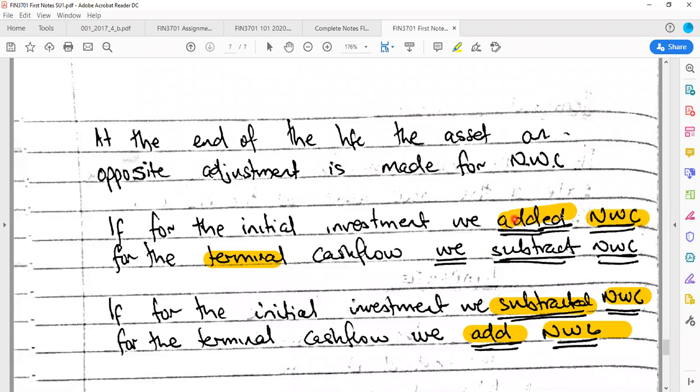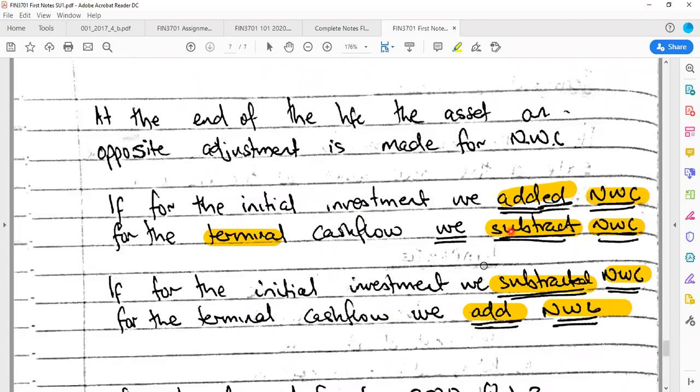And because we added initially, we now have to subtract when we terminate that project as that benefit is going. So that's why we always make an opposite adjustment for net working capital from what we did in the initial investment. So just to make it easy for you, remember that whatever adjustment you made for net working capital in the initial investment, you make an opposite adjustment when you're calculating the terminal cash flow.